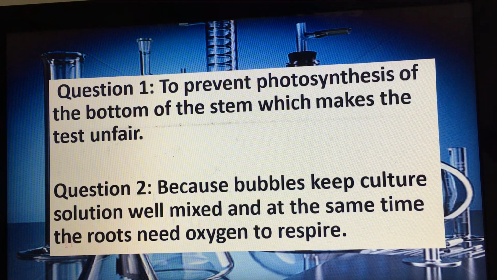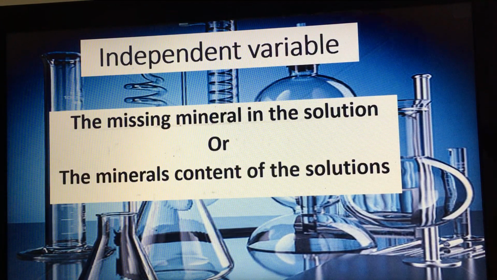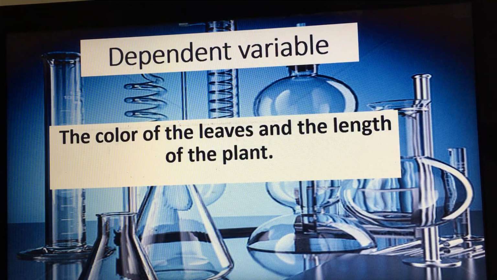So the oxygen in the air supply is very important. Question 3: what is the independent variable in this investigation and what is the dependent variable? As we said, the independent variable is the mineral content of the solutions A, B, and C, and the dependent variables are the color of the leaves and the length of the plant.